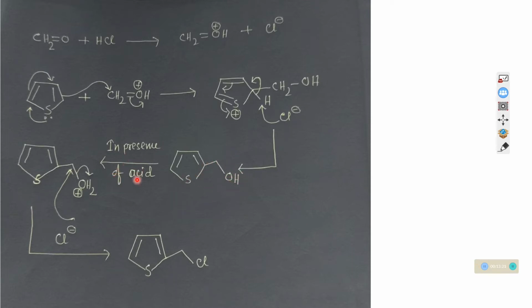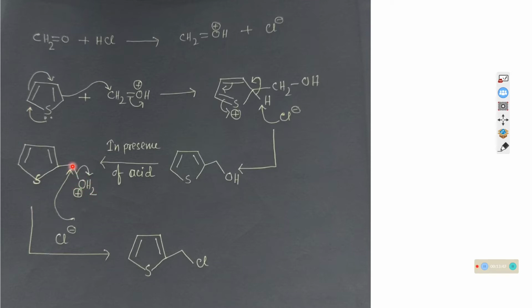And in presence of acid, meaning there is HCl, this OH is again protonated. H plus from HCl protonates that OH, and that Cl minus attacks that position, and a water molecule is released.